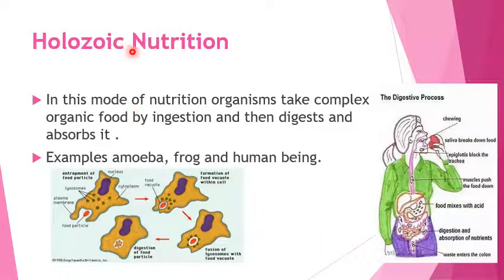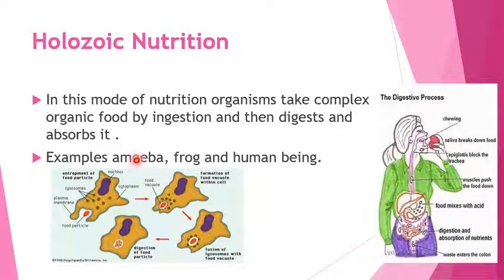Now holozoic nutrition. In this mode of nutrition, organisms take complex organic food by ingestion. In this image you can see the intake of complex food, that is ingestion, and then digestion and absorption by the body. That process is known as holozoic nutrition, means we take complex food, then with the help of various enzymes digestion takes place, absorption takes place, and that mode of nutrition is known as holozoic nutrition.